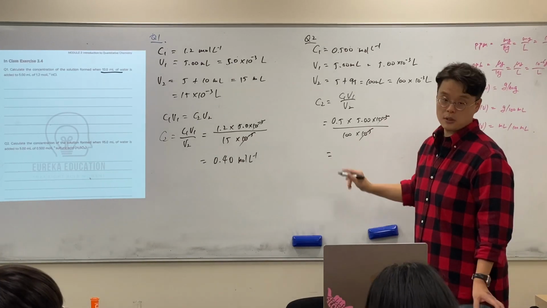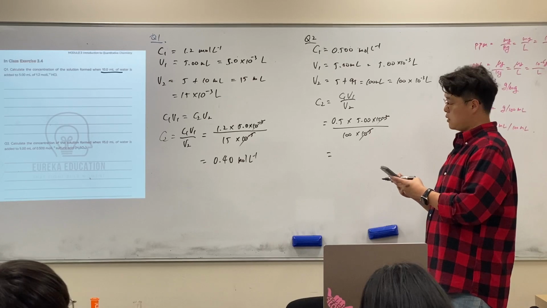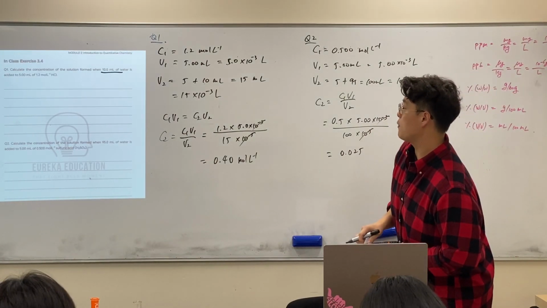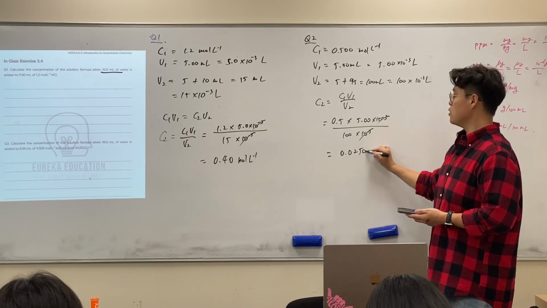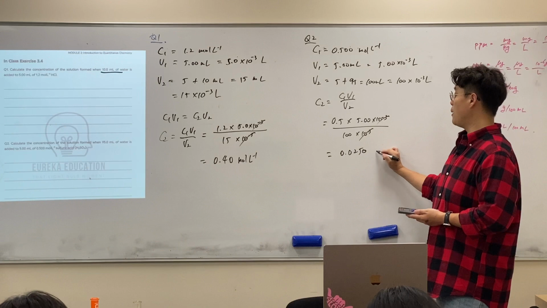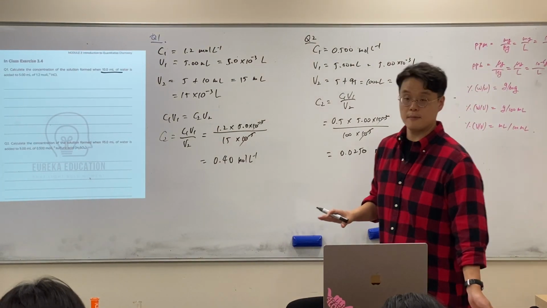Cancel these two out, then you get 0.5 times 5 divided by 100. You get 0.025. Given the sig figs, we have 3 sig figs, so fix that into 0.0250, which is a 3 sig fig value, mole per liter. That's it.